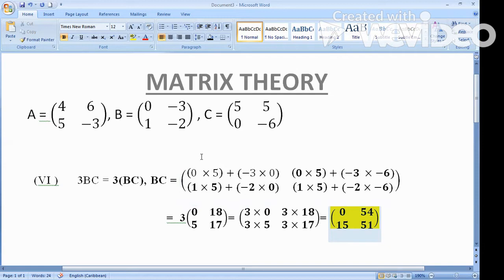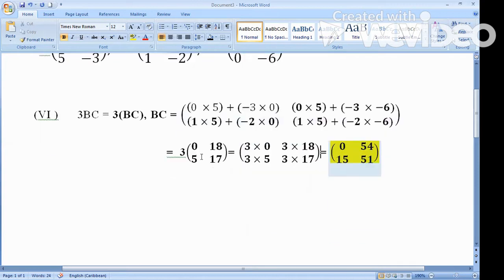All right, let's look at the last part. Did anybody try the last part? So the last part is B subtract 2C square.